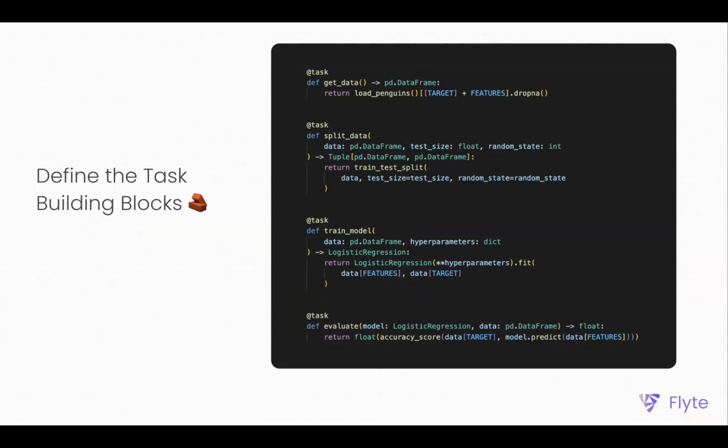And these will behave just like Python functions. The only thing is, if you have inputs in that function, you're going to have to type annotate them. And if that task has an output, if it has a return statement in the function body, it's going to need output type annotation as well.